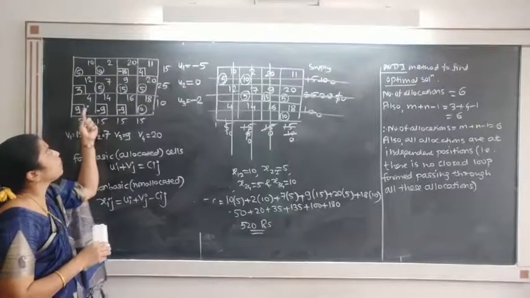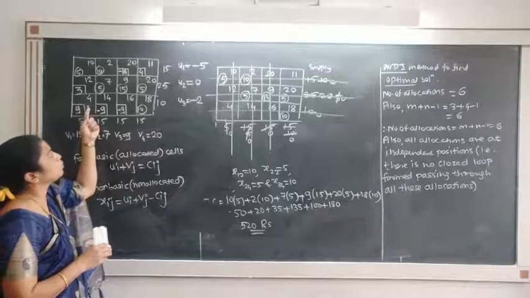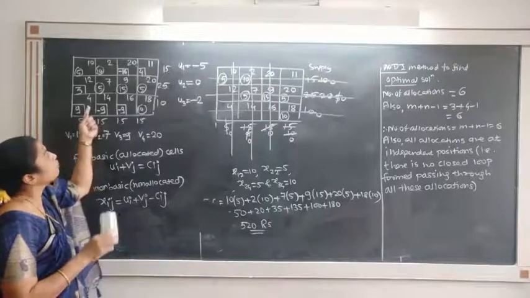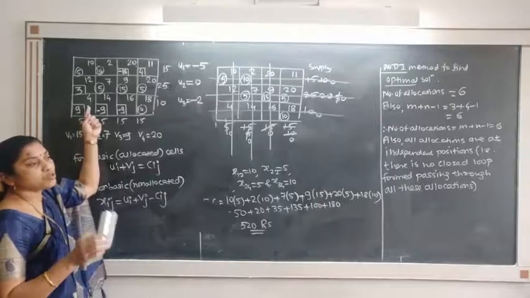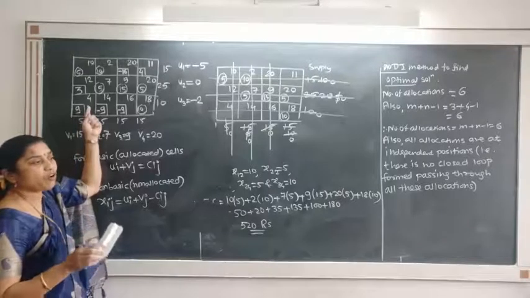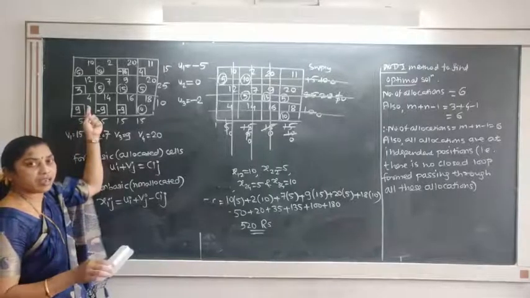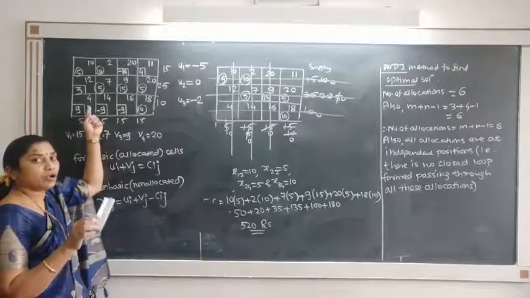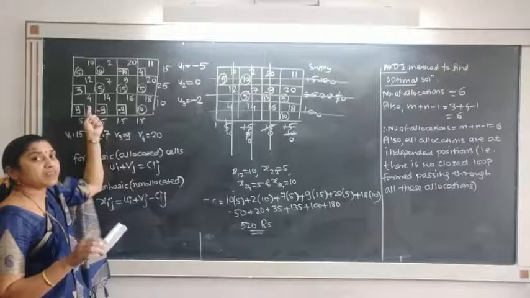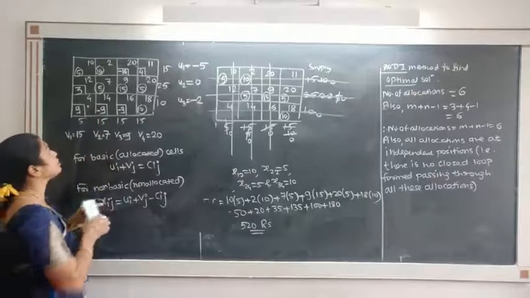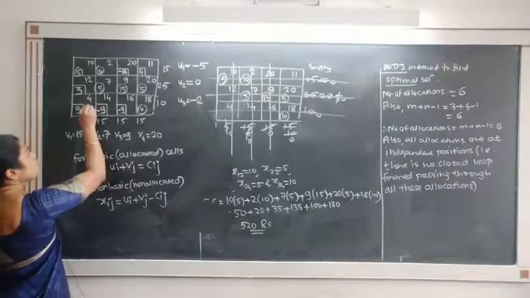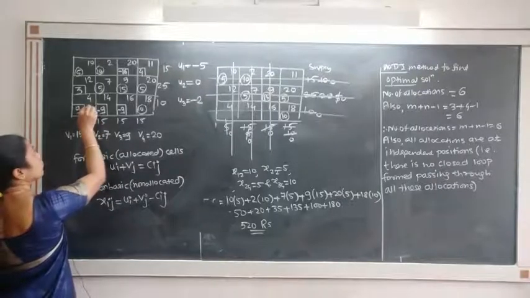We want to find which variable leaves the solution. To find that, we want a closed loop of horizontal and vertical lines where the corner points should be basic variables or allocated cells. So starting with this, we want to form a closed loop.